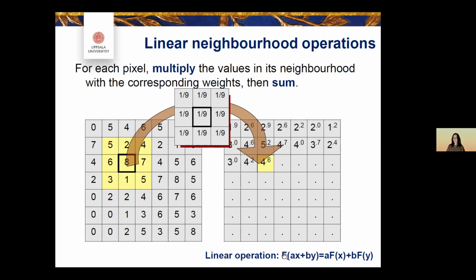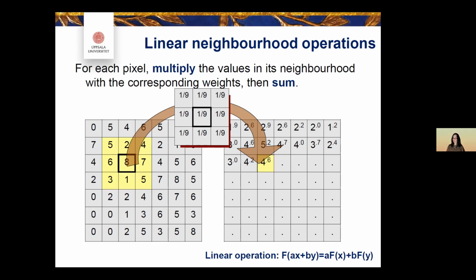Linear operation is defined as an operation that fulfills the following criterion here. So if applied to a scaled sum, it performs as the sum of scaled operation values on the individual input variables.